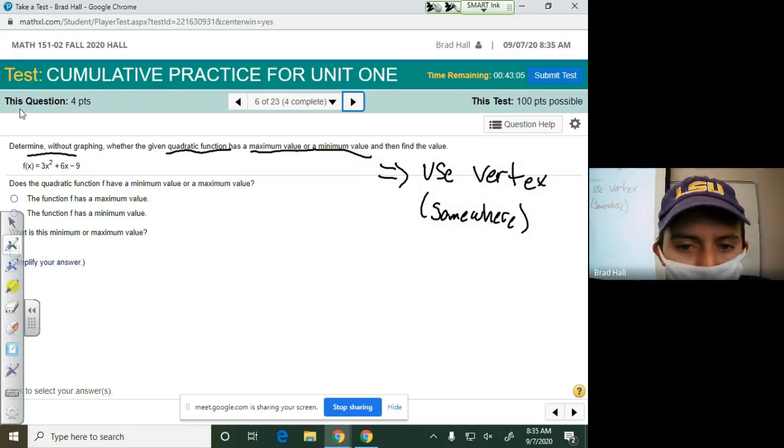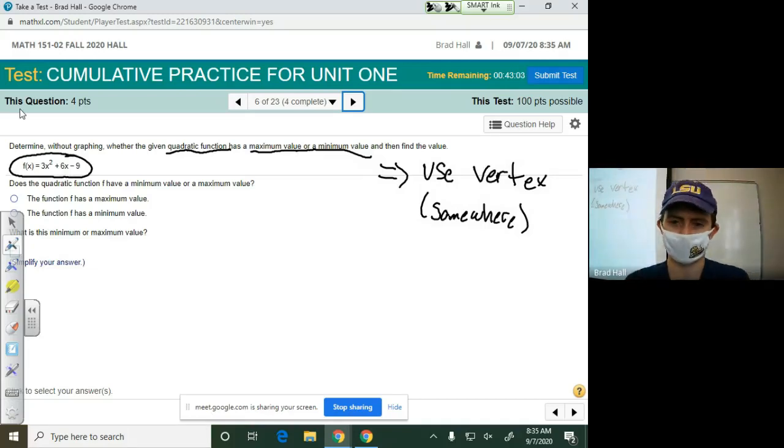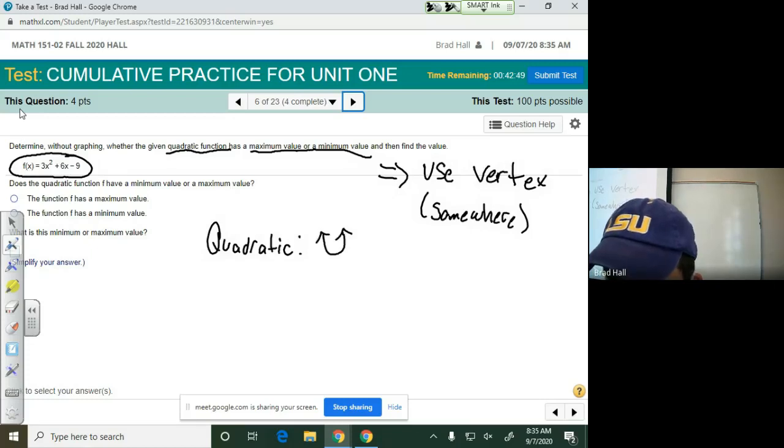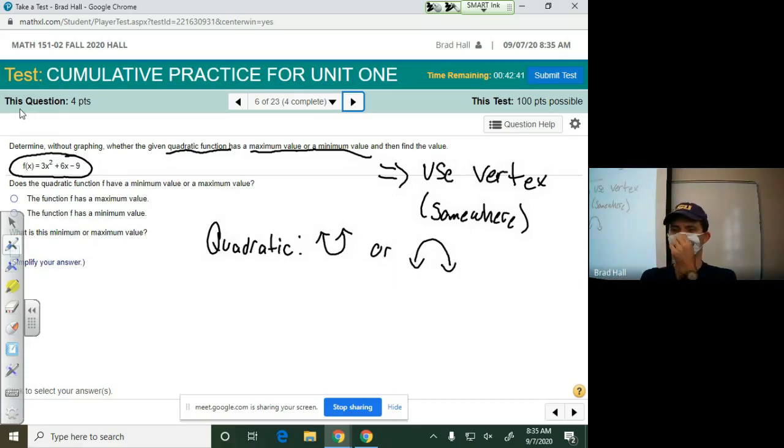So with this quadratic, this quadratic has a shape to it. A standard quadratic either looks like this or like this. It's a cup shape. It's either facing upwards or downwards.